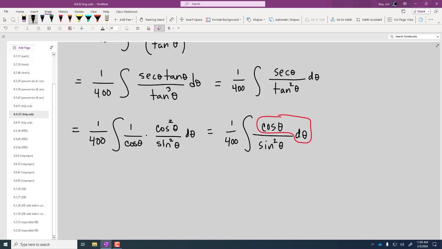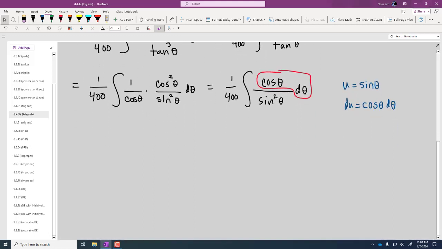So let's come over here and let u be sine of theta. So then du is cosine of theta d theta. That's going to give us an integral that we can calculate pretty easily. So we're going to have u to the negative 2.